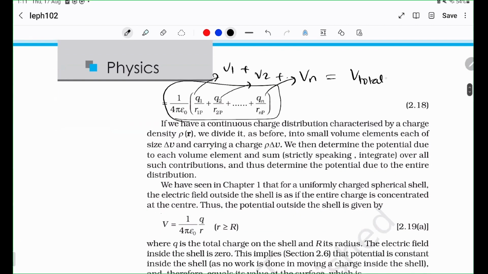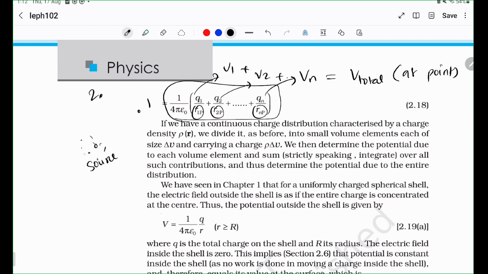Remember that the potential is point dependent. So when I say V total, I mean at a certain point. Obviously this V total will be different for every point, because all of these R's are going to be different, right? The moment you take a different point, if this is a source, this is location 1, location 2.